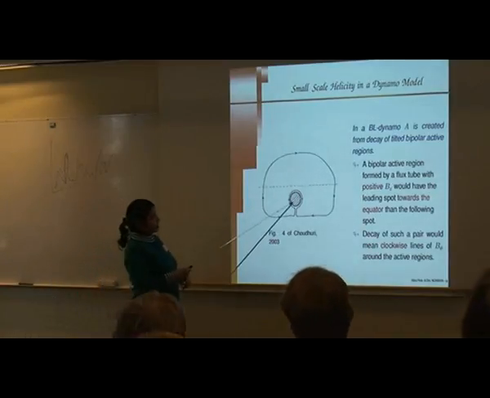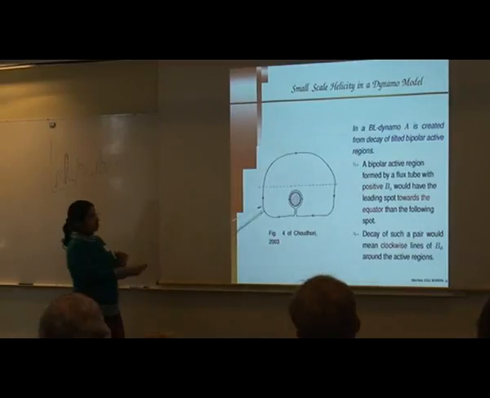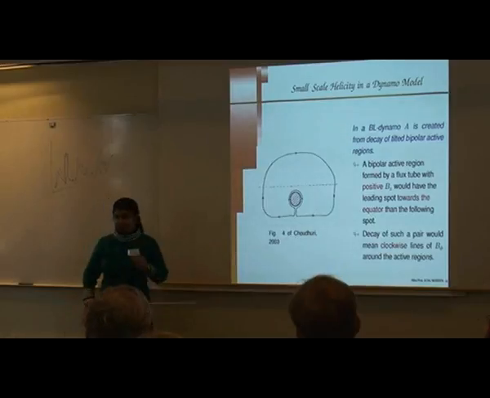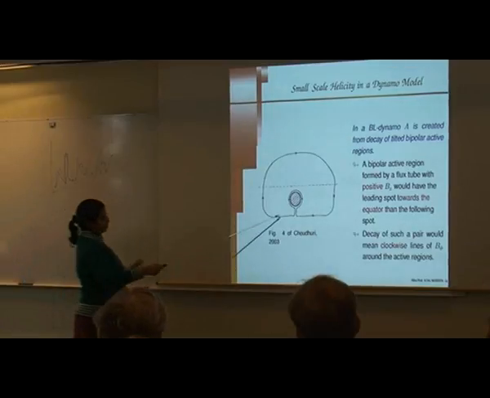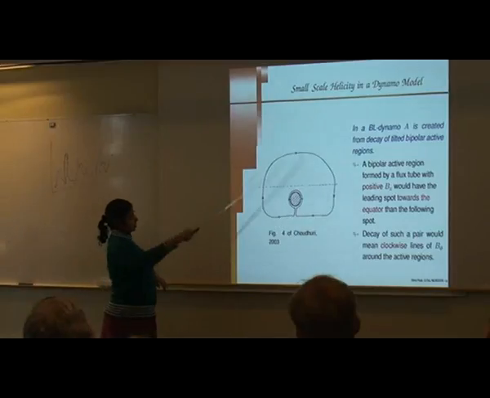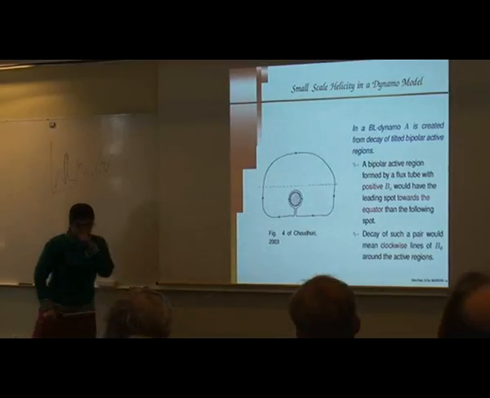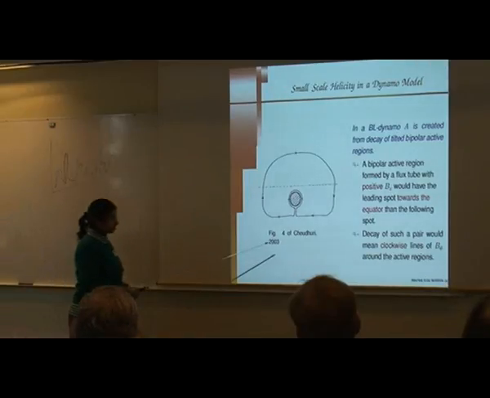It's easy to see that such a flux tube, when it decays, would give rise to clockwise lines of poloidal field in the northern hemisphere. Clockwise lines of poloidal field and a positive magnetic field will give a product A dot B that is positive in the northern hemisphere.